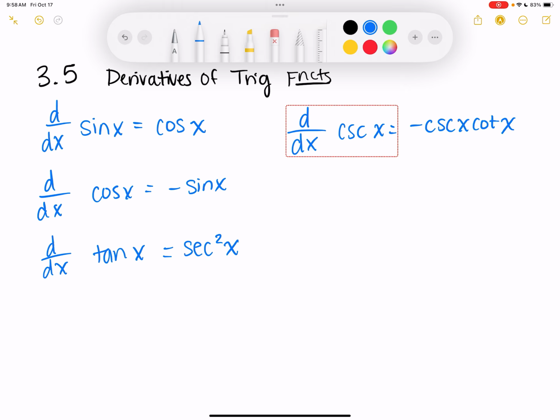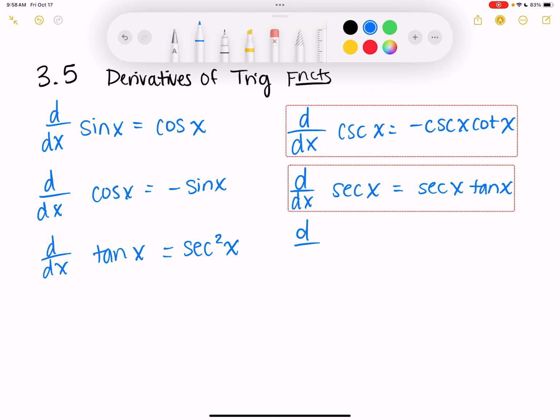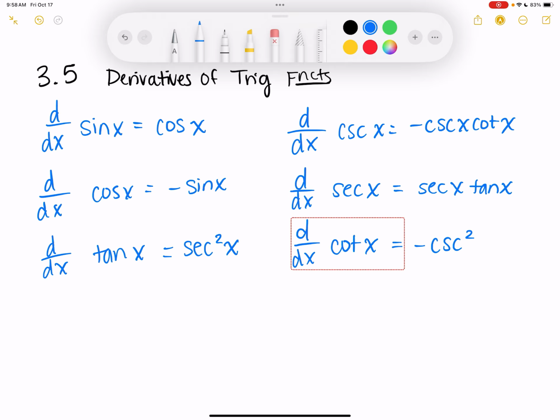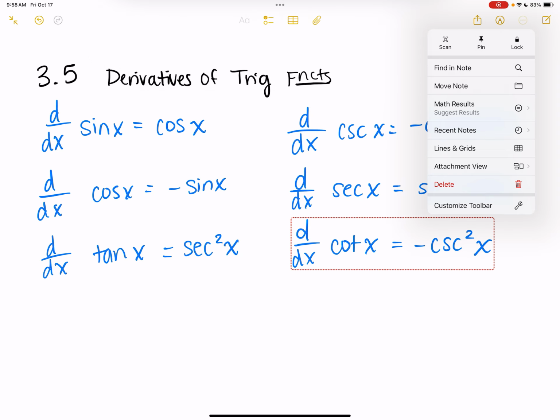The derivative of secant of x is secant of x tangent of x. And then the derivative of cotangent is negative cosecant squared of x. So those are our 6 trig derivatives.